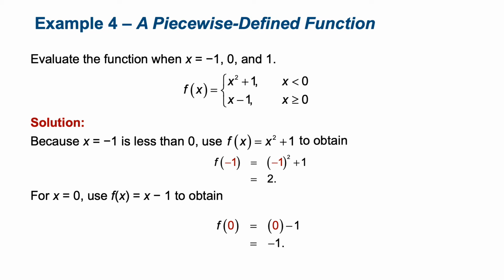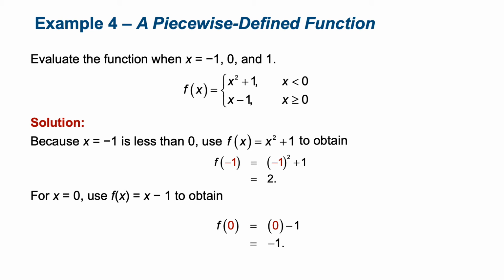I can take a picture and show you later. But let's say we had a problem where it says evaluate the function when x is equal to -1, 0, and 1. We have to ask ourselves, where in the domain do these inputs lie?